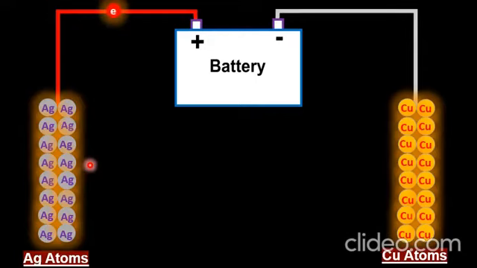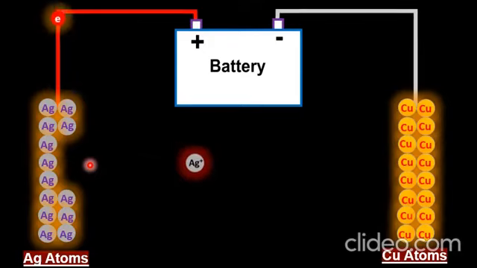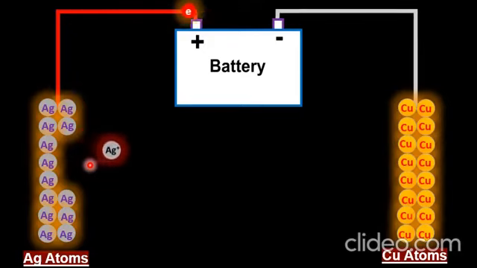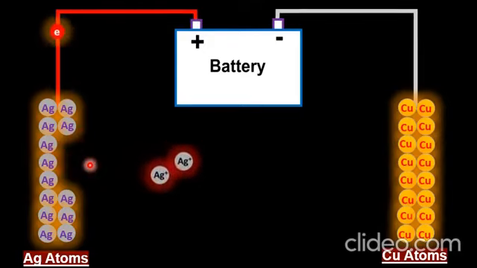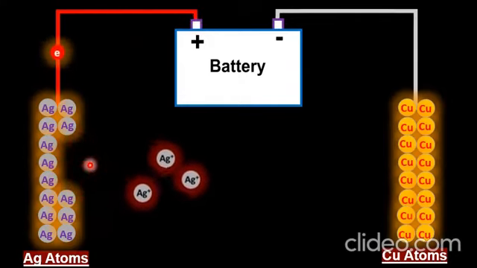An electron is given by a silver atom and it gets converted into a silver ion, and if many of the silver atoms give electrons, then many of the silver atoms will be converted into silver ions.